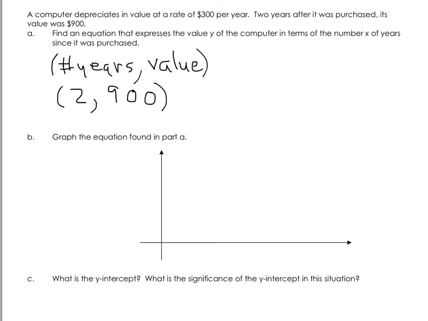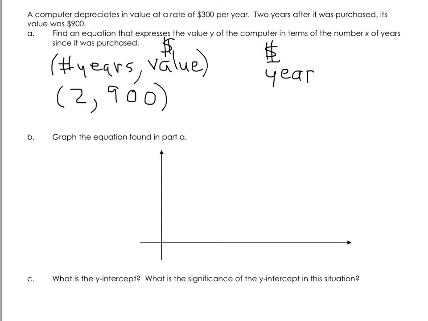Now, what's the meaning of a computer depreciates in value at a rate of $300 per year? Dollars per year, that's a rate. Our value is measured in dollars over years. That's the change in the value over the change in time, the change in years.